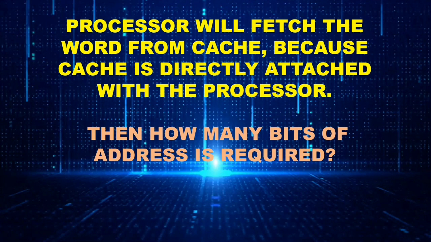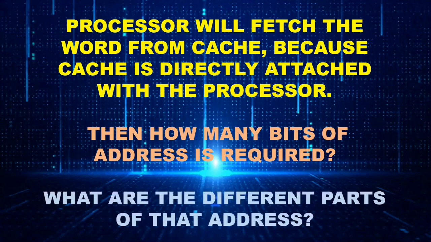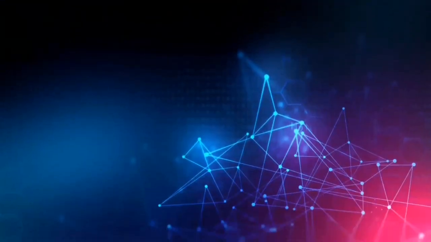But for the cache, what is the address length and what are the different parts of that address? We will cover this part of direct mapping in our next class.